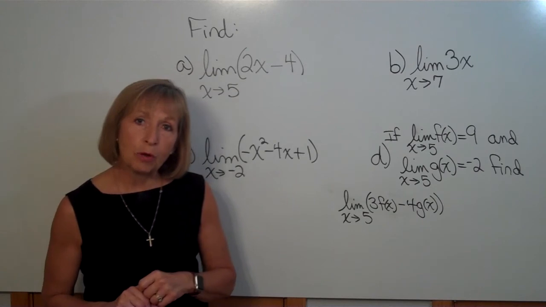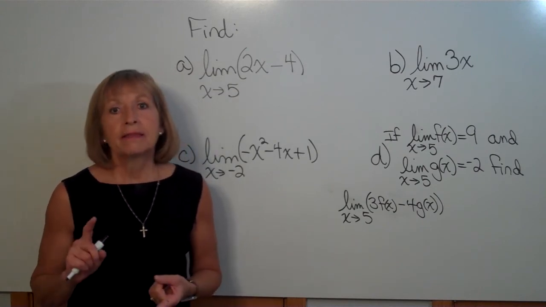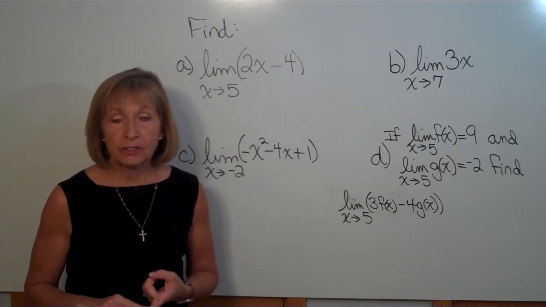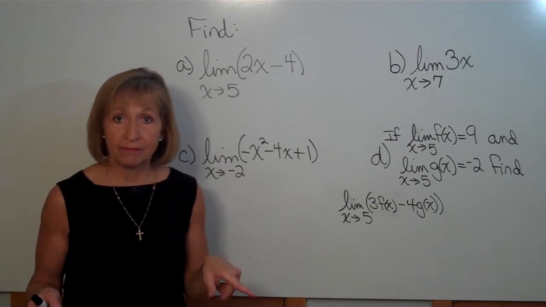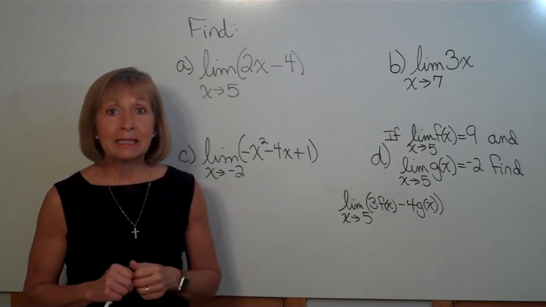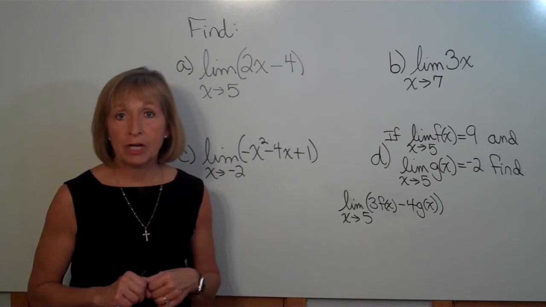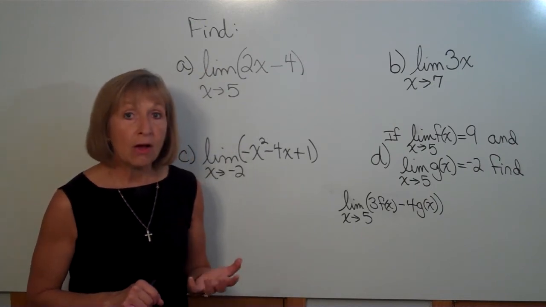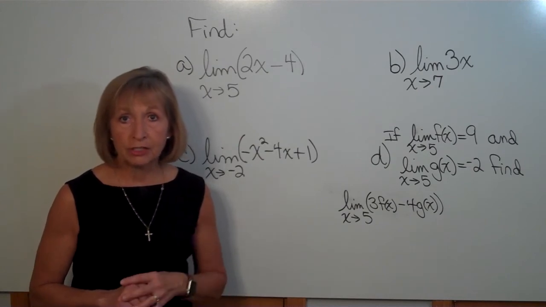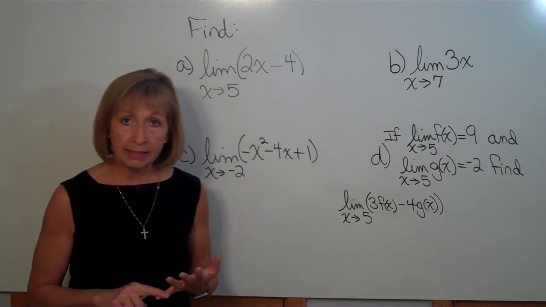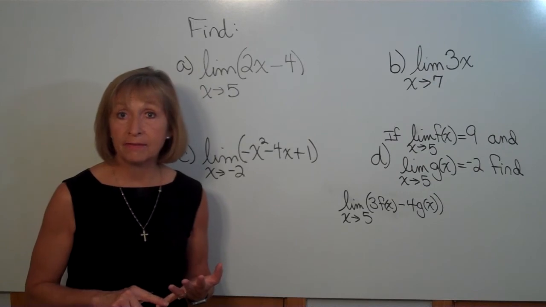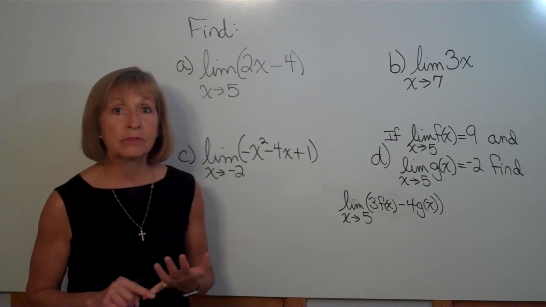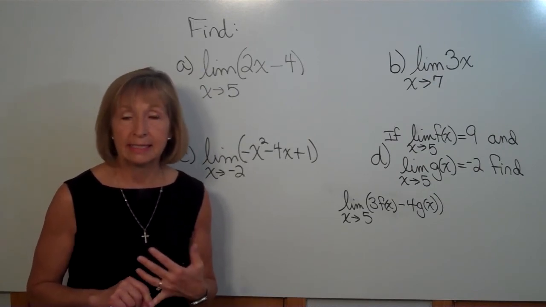But then we just have those properties that said that the limit of a scalar times a function is the scalar times the limit of the function. When I'm taking the limit of the addition or subtraction of two different functions that alone have limits, and I know what they are, I just do that addition or subtraction. And then we had the product: the limit of a product is the product of the limits, again, if those individual limits exist.